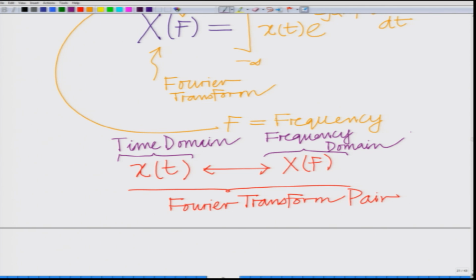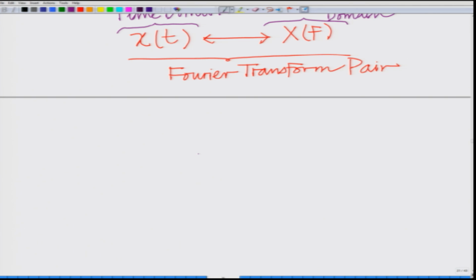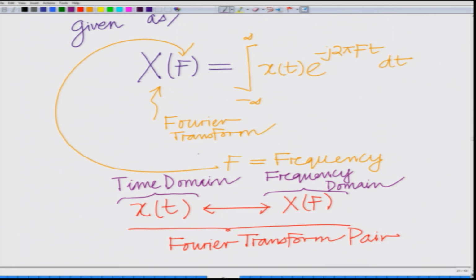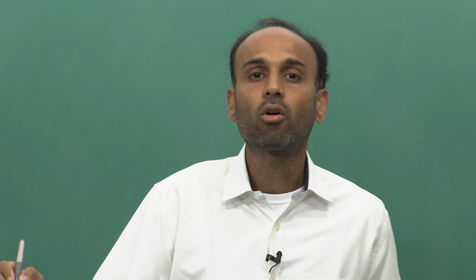And note, even though x(t) might be real, X(f) is a complex quantity. In fact, e to the power of minus j 2 pi f t is a complex sinusoid, so the Fourier transform X(f) is in general a complex quantity.